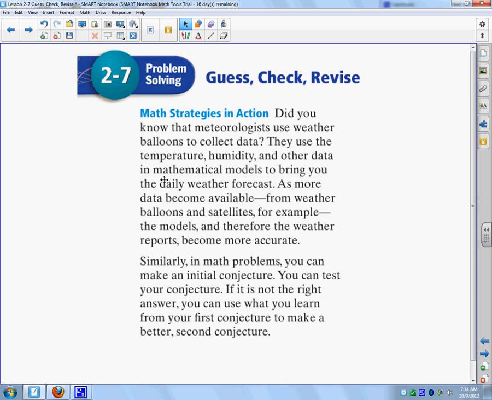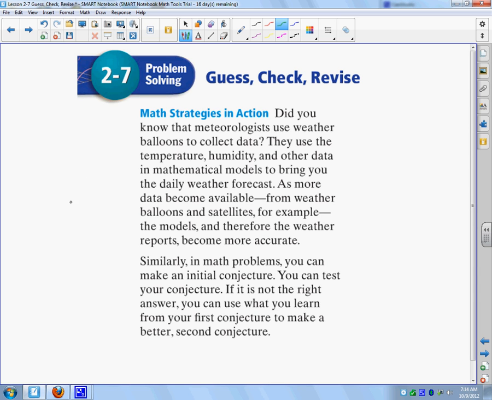So similarly, in math problems, you can make an initial conjecture. You can test your conjecture. If it is not the right answer, you can use what you learned from your first conjecture to make a better second conjecture.